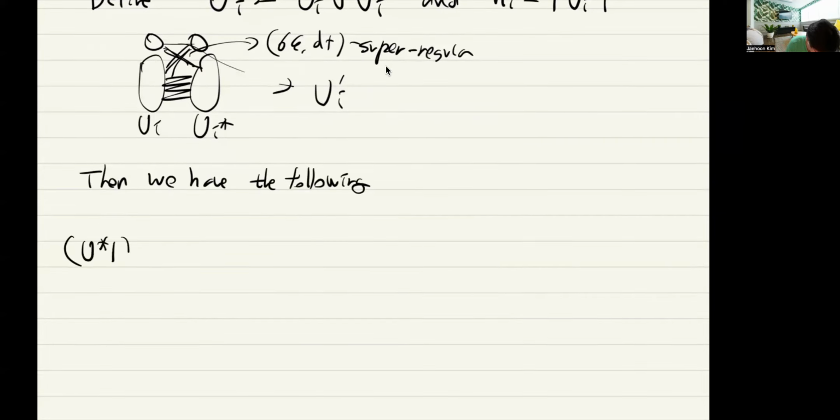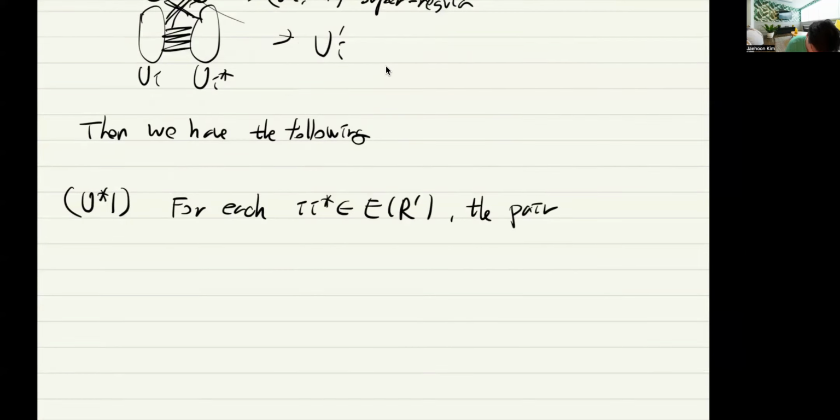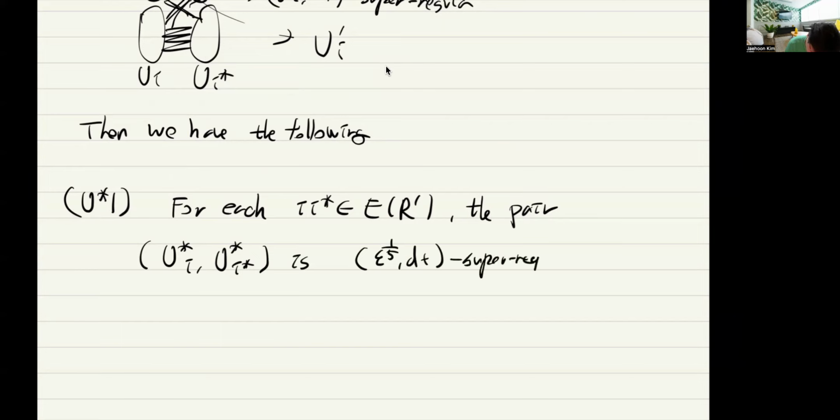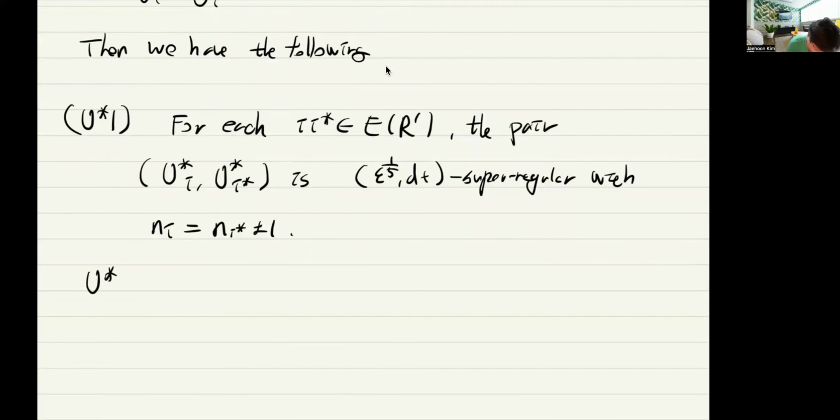So for each i star in this matching, the pair U star i and U star i star is still, say, epsilon to the 1/5 superregular, with N_i being N_i star plus or minus 1. So they are almost the same, differing by 1.